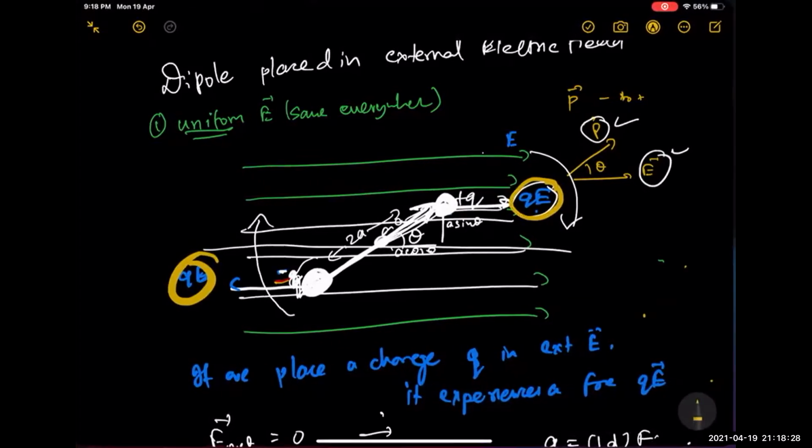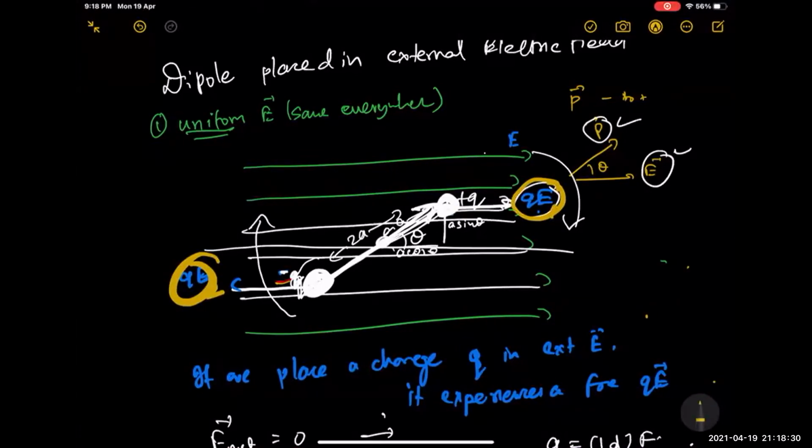Because this will be Q into E1 and this will be Q into E2, and E1 and E2 are not the same. So the F net is also not 0. So the dipole will not be in translation equilibrium either. Rotation equilibrium is not there, translation equilibrium is also not there.